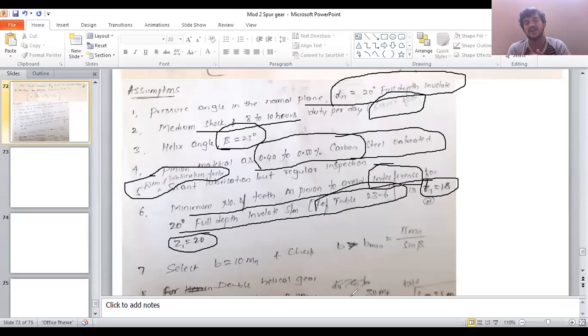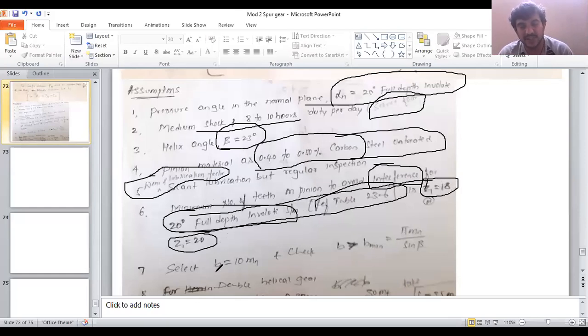The gear tooth will wear more and may break suddenly. In order to avoid that, we avoid interference. How many teeth should there be? For a 20-degree full depth involute system, minimum we should take either 18 teeth or 20 teeth.